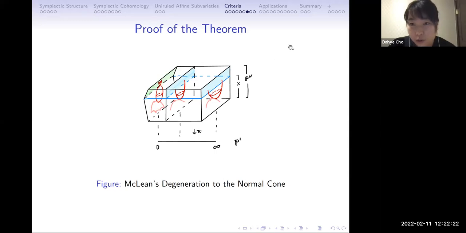But I need to draw another graph. From the sandwich theorem, each fiber sits inside one Liouville domain, M upper bar.